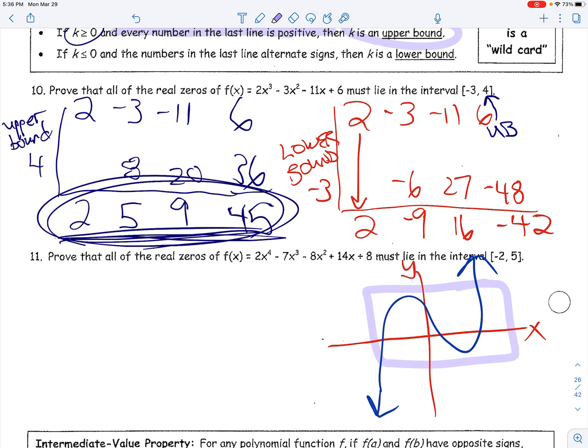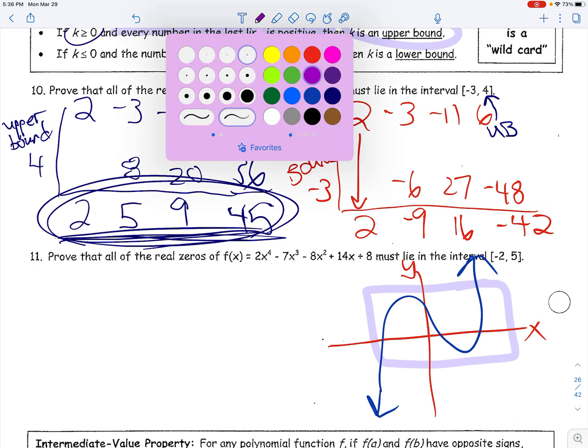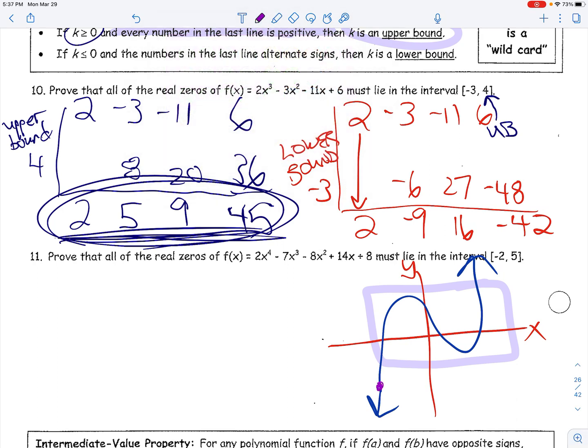So -3 and 4 are not roots. We're just saying that the roots fall between those two numbers. Let's say -3 is here, and it would be -3 comma -42 right there. And then right here was 4 comma 45. Your upper bound and your lower bound here.